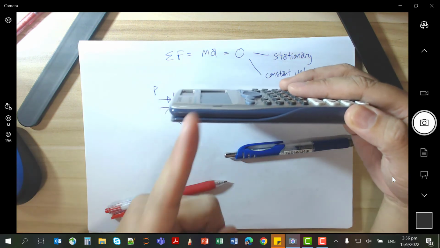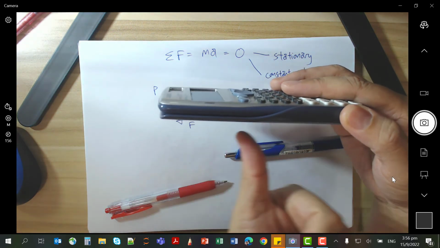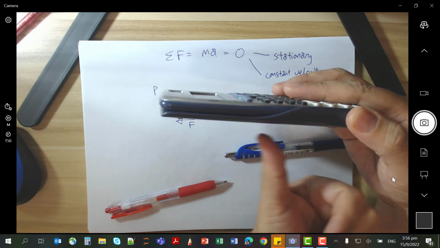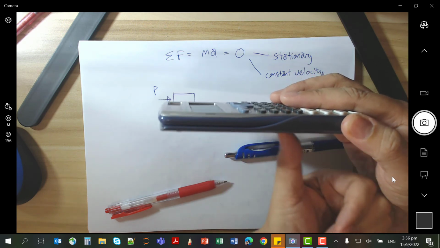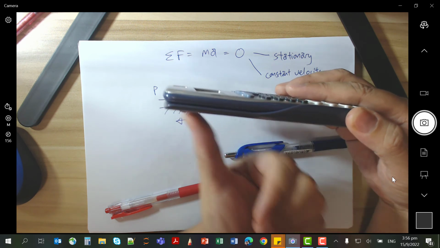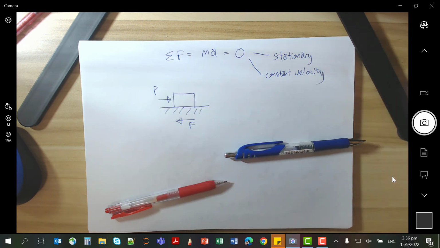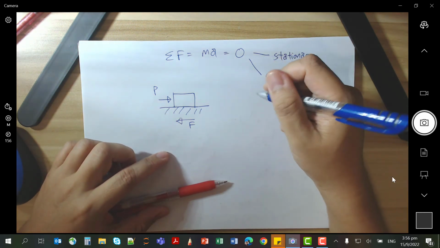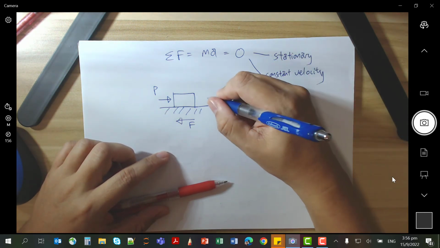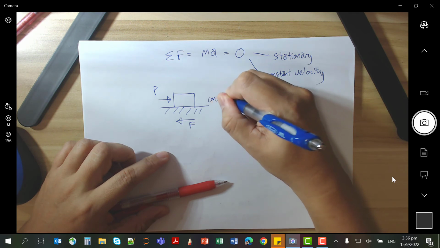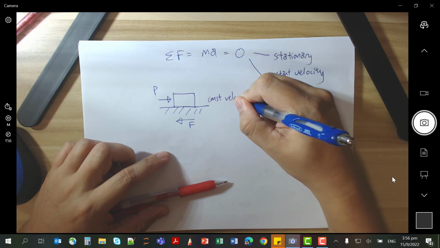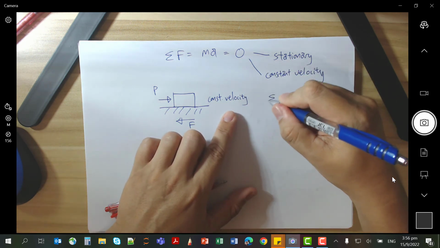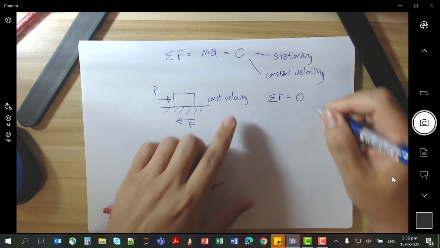To the calculator, the ground is applying this force onto the base of the calculator. That's why the friction is in this direction, opposite the motion. So this is constant velocity, and in this case your sum of forces would be 0.